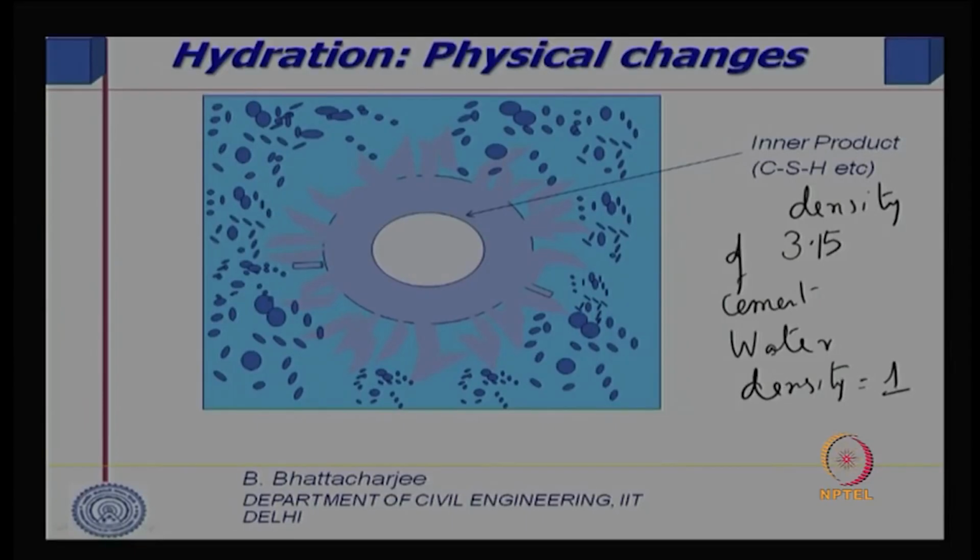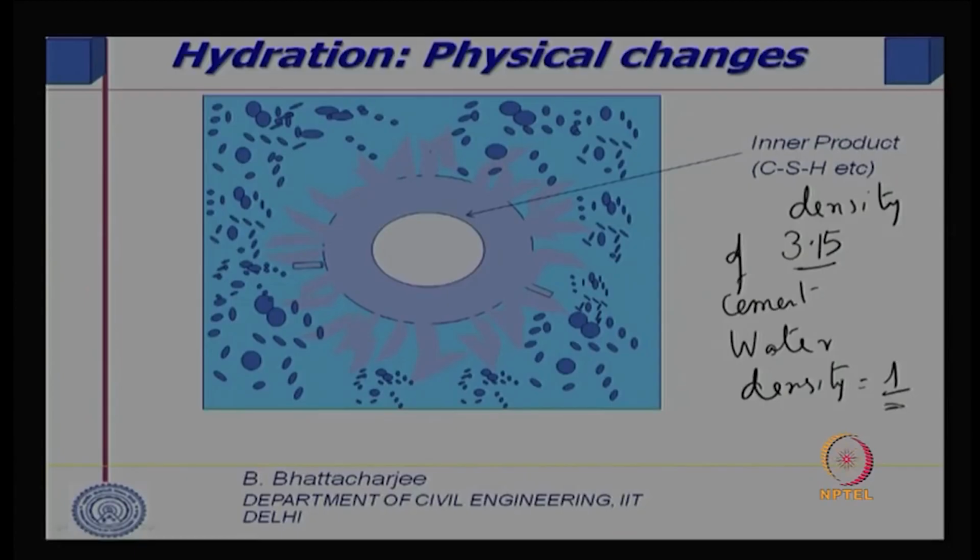Now, it has reacted and formed a product, which will have a density less than 3.15 and more than 1, somewhere in between. So, it occupies more volume than the volume that was occupied by the cement. Therefore, you find that these spaces are also filled with solid. So, some water has reacted and the product has gone outside the periphery.